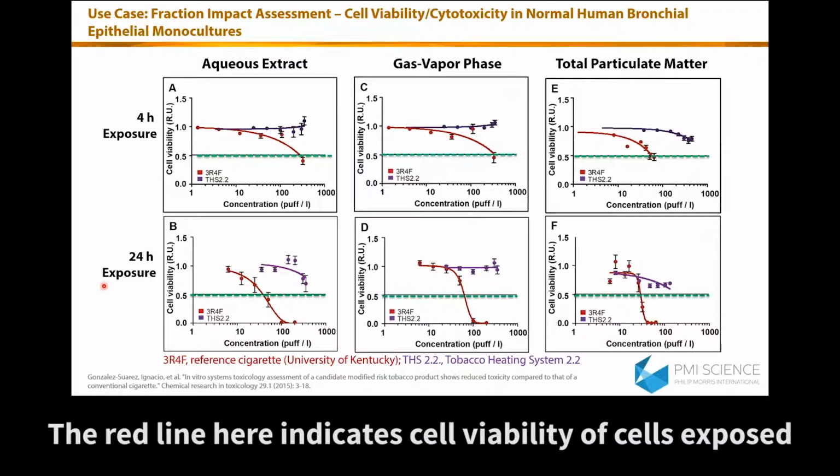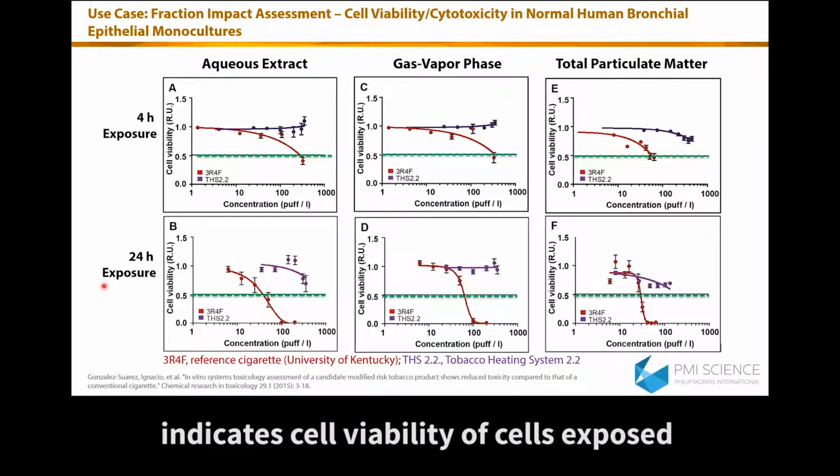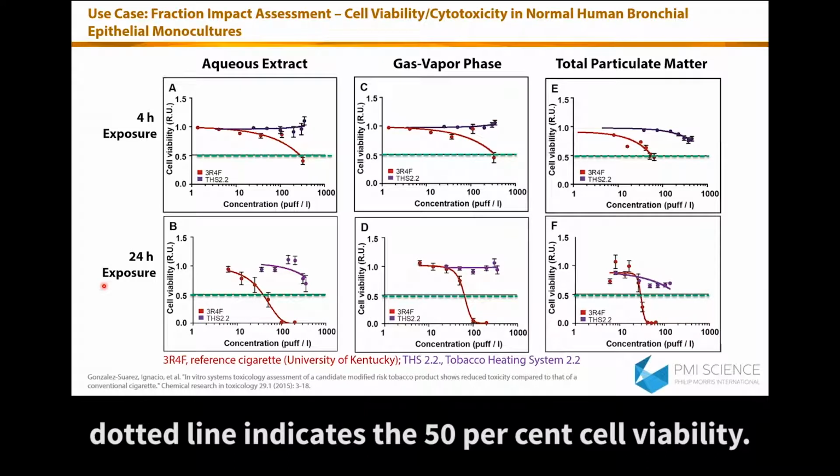The red line here indicates cell viability of cells exposed to 3R4F cigarette smoke fraction, and the purple line indicates cell viability of cells exposed to THS 2.2 aerosol fractions. The green horizontal dotted line indicates the 50% cell viability.